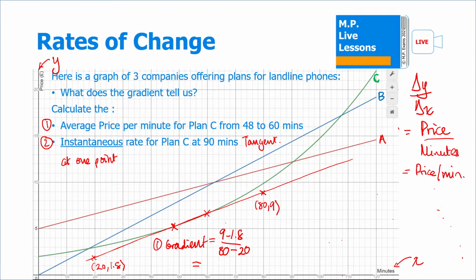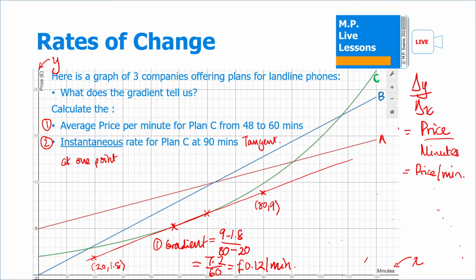This gets you 7.2 divided by 60, which gets you 0.12 pounds per minute.